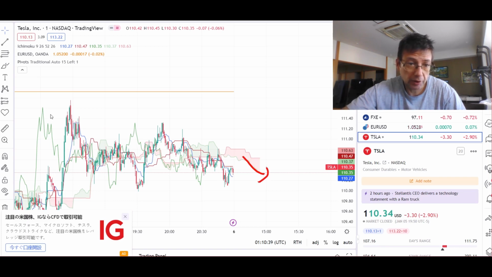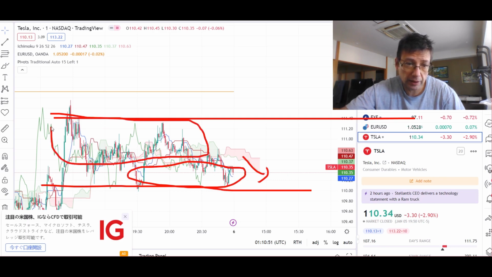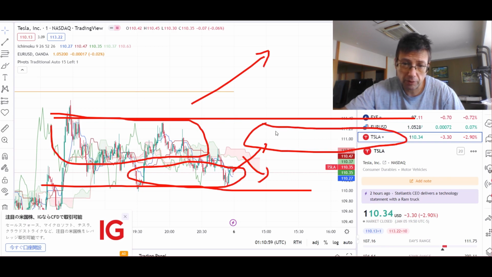So in a range, you have here the upper range, here this is a support, so this is the lower piece of the range. So we have here a movement block, and we have here a bigger movement block. Expecting maybe that it goes up, it will switch through the cloud here, so it will go here again, the next block.